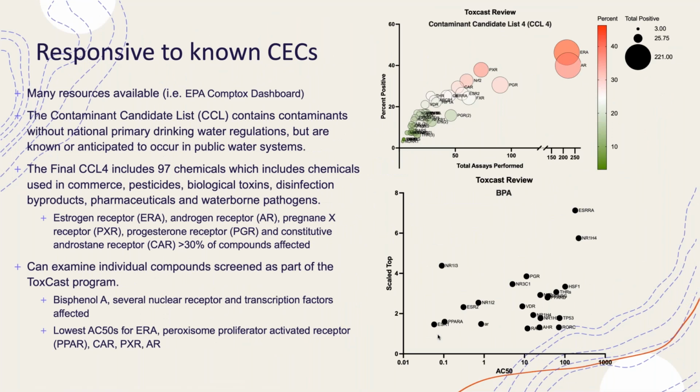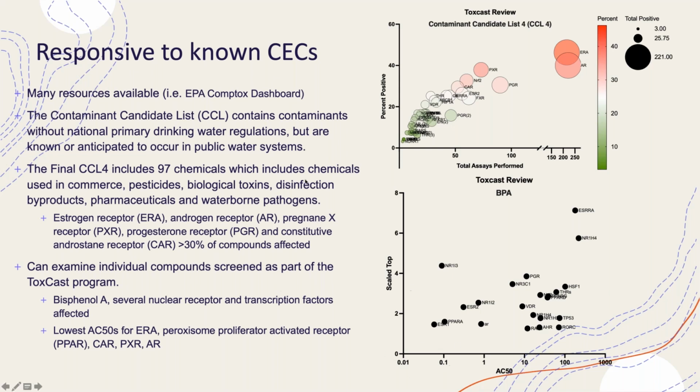The third category for determining which bioassay to use is we want to make sure that they are able to detect known contaminants of environmental concern. So in order to look at what are the known molecular initiating events, for example, for these contaminants, we can use some public databases such as the EPA CompTox dashboard.